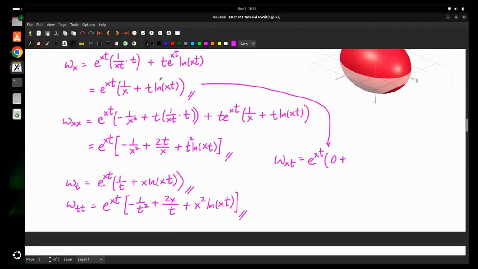Then when you differentiate the second term, you got to use your product rule because it's two functions of t multiplied together. So therefore, you have t, I hold the t first, then multiply by 1 over xt times x. Okay, then plus. So now I differentiate the t, I get 1, then I just put back the ln xt.